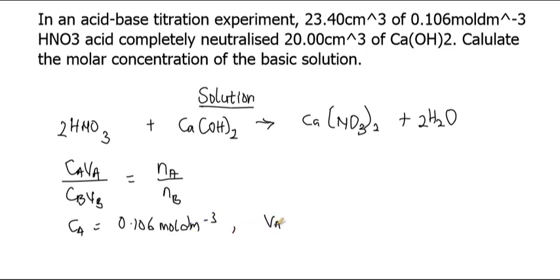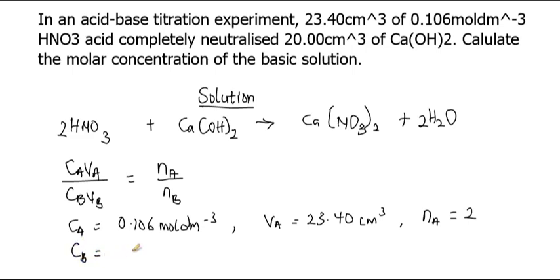Va is given to be 23.40 cm³. Na, from the equation, that's the coefficient of the acid. Na here is 2.